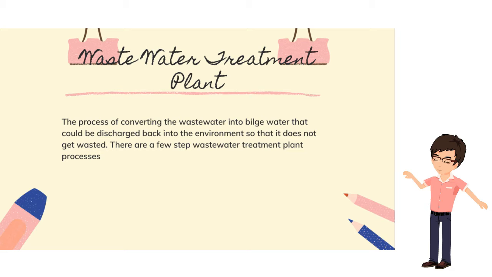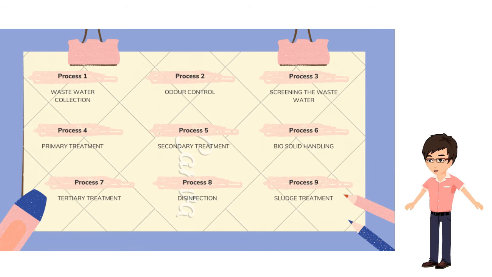Wastewater treatment plant. This is the process of converting wastewater into bulk water that can be discharged back into the environment so that it does not get wasted. There are a few steps in the wastewater treatment plant process. First, wastewater collection. Second, odor control. Third, screening the wastewater.